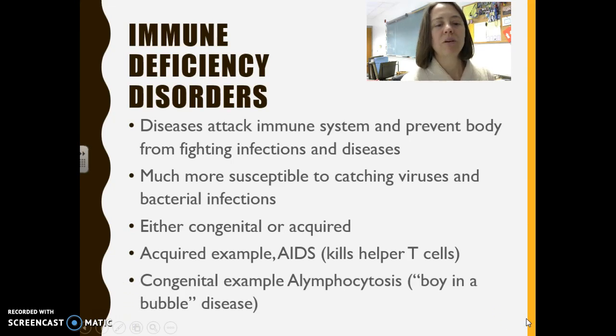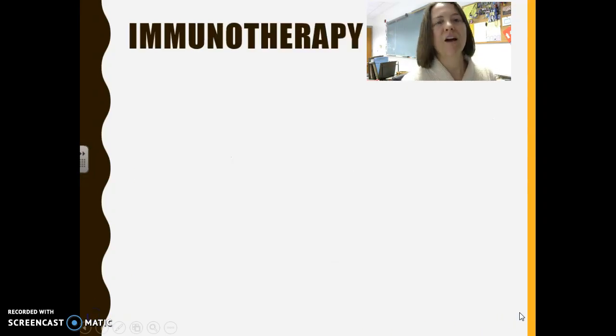A congenital example, one that you're born with, is a lymphocytosis, known as boy in the bubble disease, and this is something you can look up online. There was a boy who was born without certain parts of his immune system, and so he spent all of his life in a bubble so that he didn't run into any pathogens.